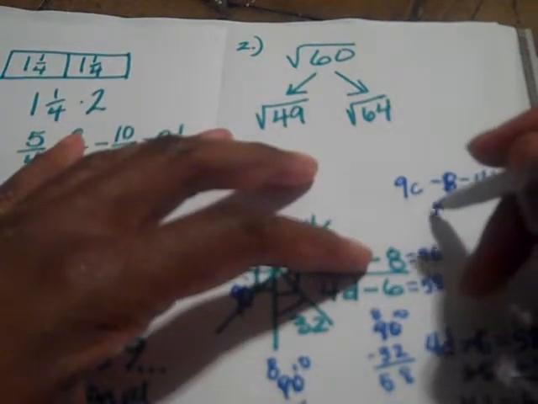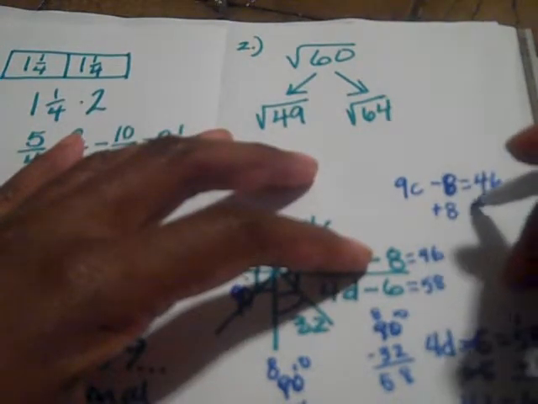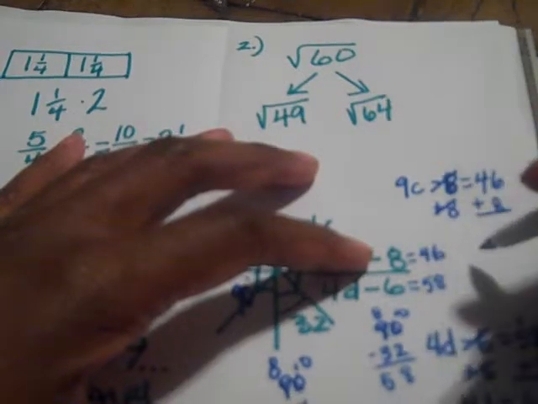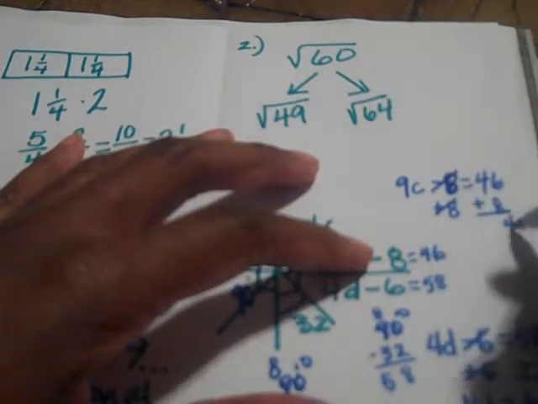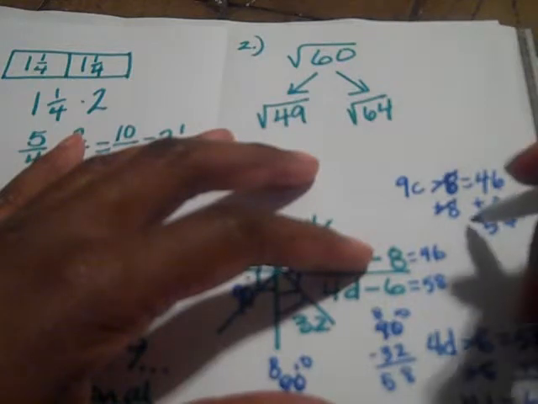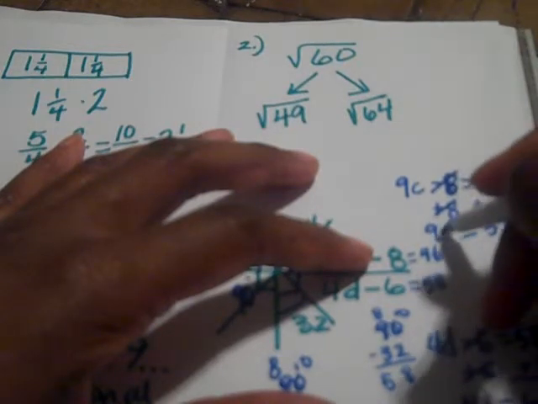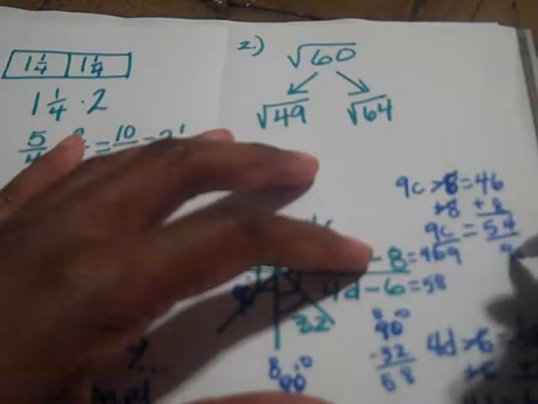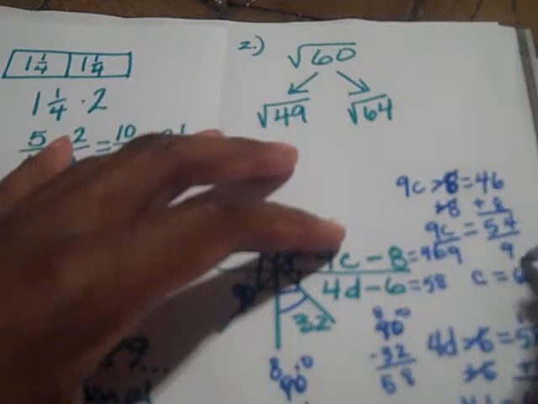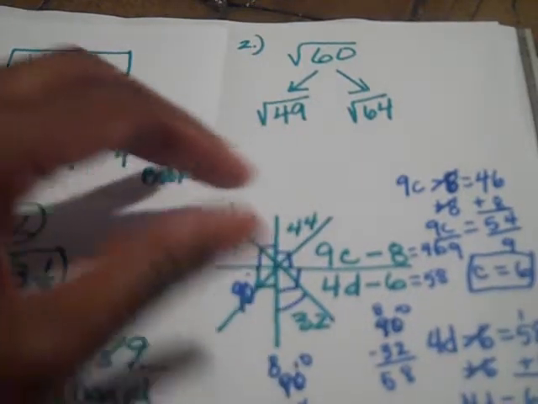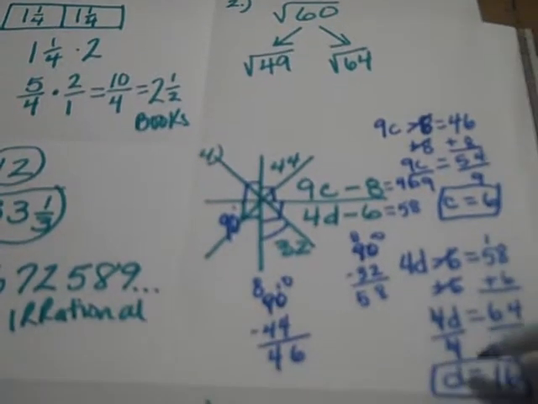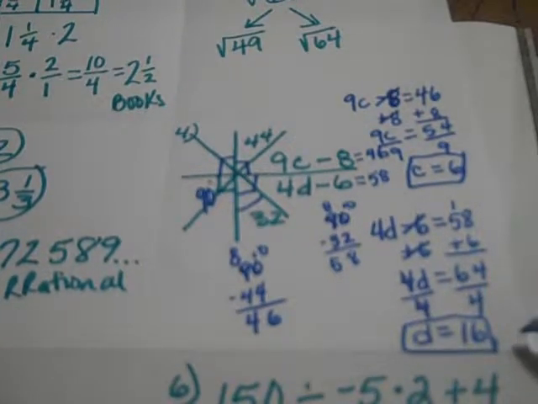I would add 8 to both sides. On the left side, that cancels out. That gives me 54 on the right and 9C on the left. Divide by 9, and C equals 6. So I now know that my value for C is 6 and my value for D is 16.